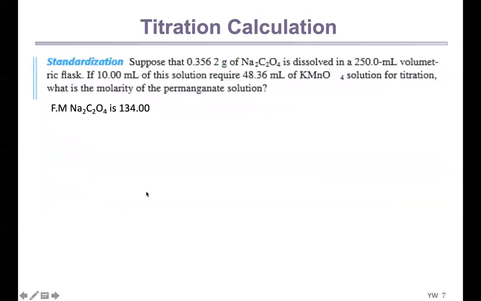And going back here, basically for titration, we're using the moles of titrant to determine the moles of the analyte and then calculate the concentration of the analyte, right? So first of all, how do we get the moles of sodium oxalate used in this reaction?